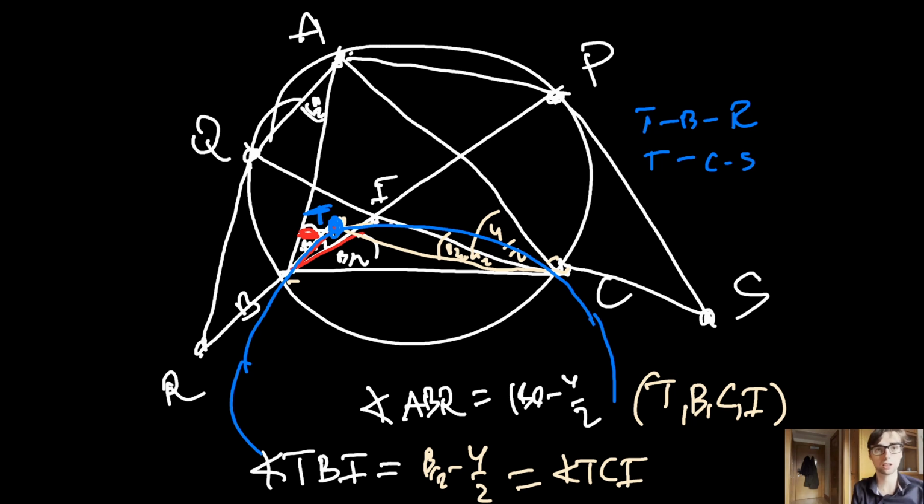Now, something we do commonly in geometry is we solve the problem forwards or backwards. What would it take to solve the problem backwards? Let's take a step back and see what it means if this problem was true. So let's just draw these points.